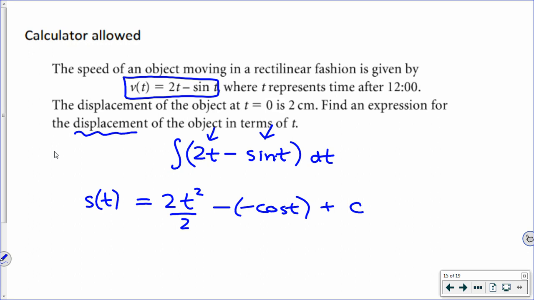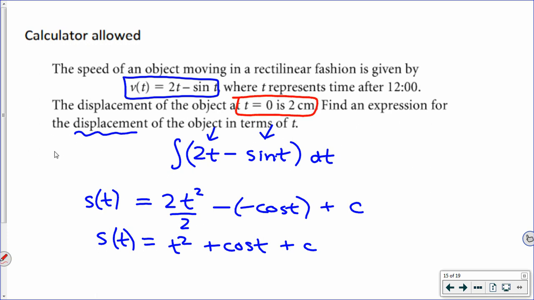Now we just have to clean it up and see if we can find our c value. So to clean it up, I have 2 and 2 going to cancel out, give me just t squared here. Minus and minus. It's going to give me plus cosine t plus c. And this is where the other piece of information comes into play. We know this is true of the displacement of the object, that at time 0, the displacement is 2.